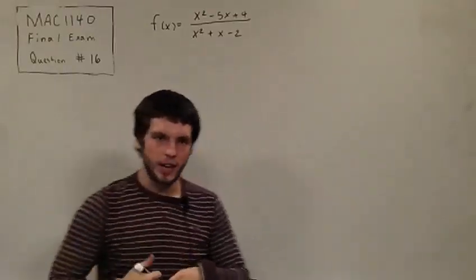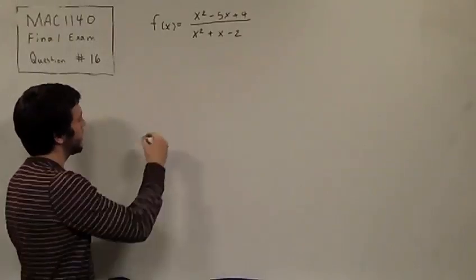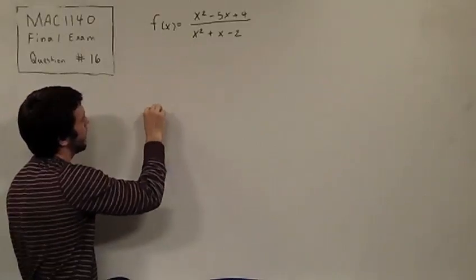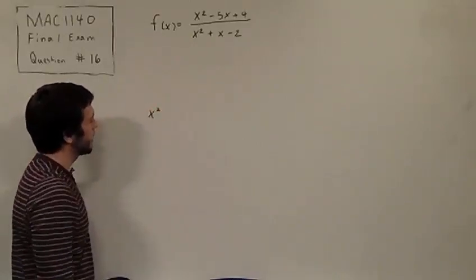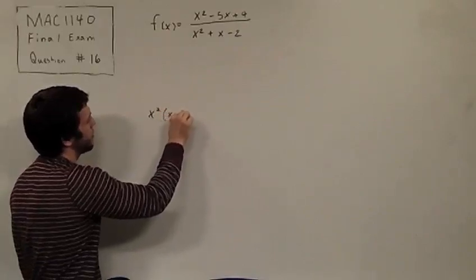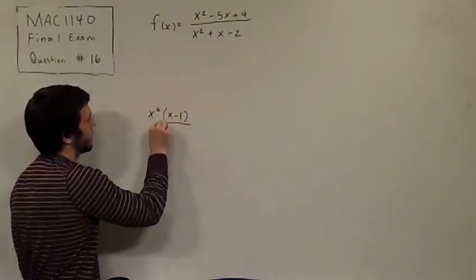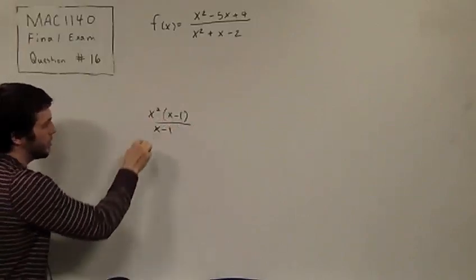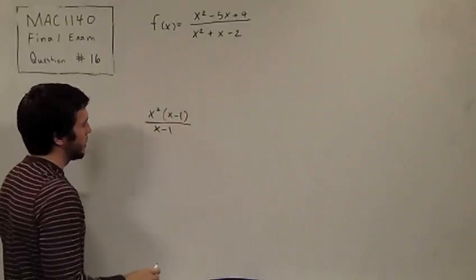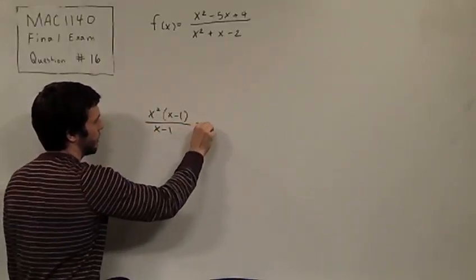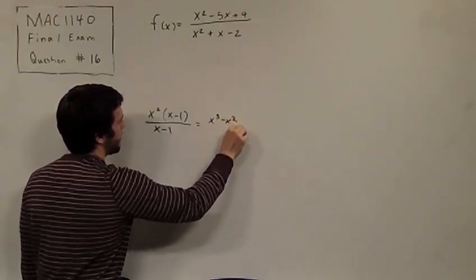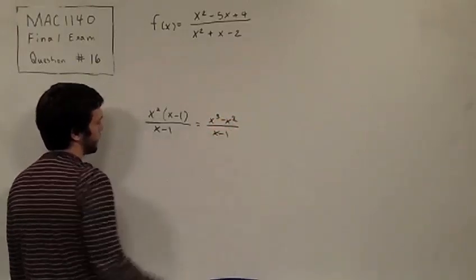So, as a quick example, think of x squared, but we'll multiply on the top and bottom by x minus 1. It's still a graph of x squared, right? But now we have x minus 1 on the bottom. We can multiply this out. It's going to be x cubed minus x squared over x minus 1.